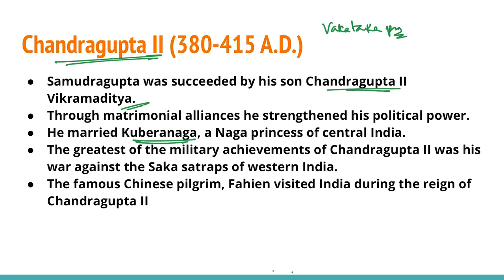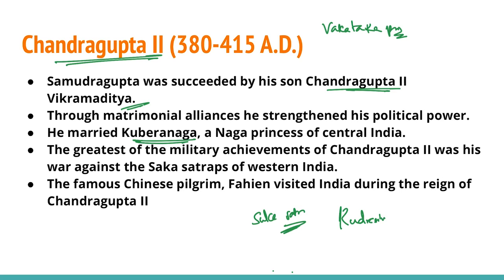There is a political importance behind this. The Vakatakas occupied a strategic geographical position in the Deccan, and this alliance served a useful purpose when Chandragupta II undertook his campaign in western India against the Sakas. The greatest of the military achievements of Chandragupta II was his war against the Saka satraps of western India.